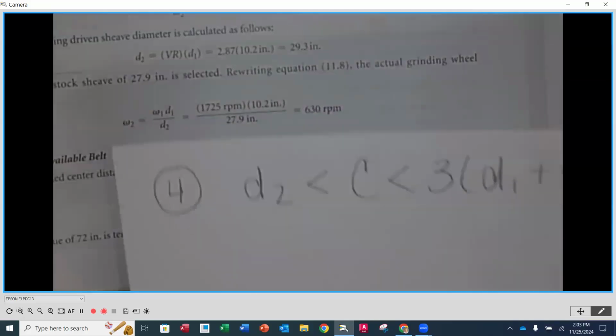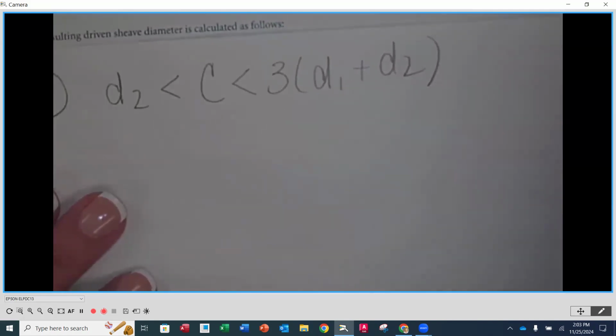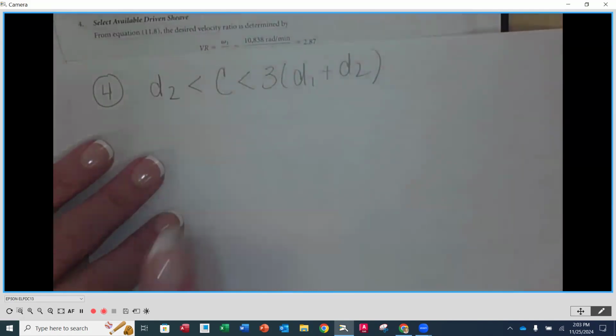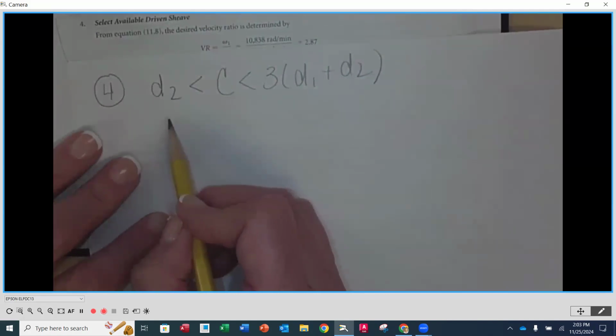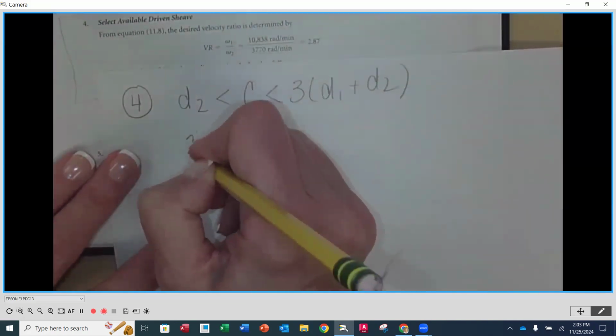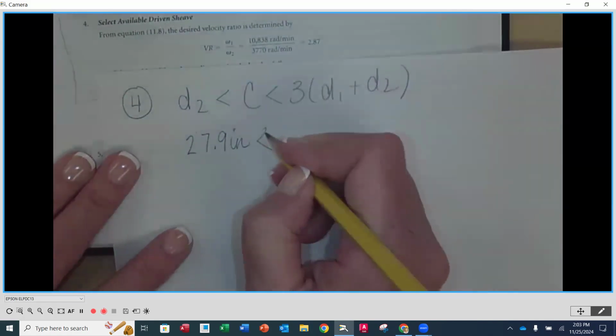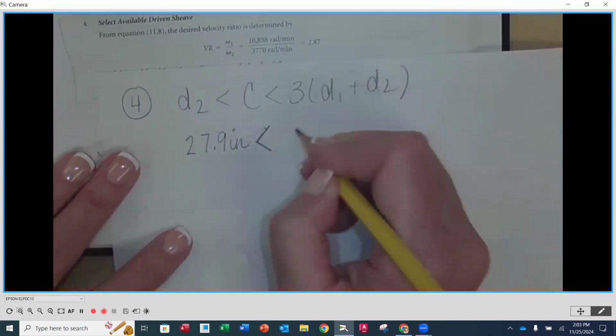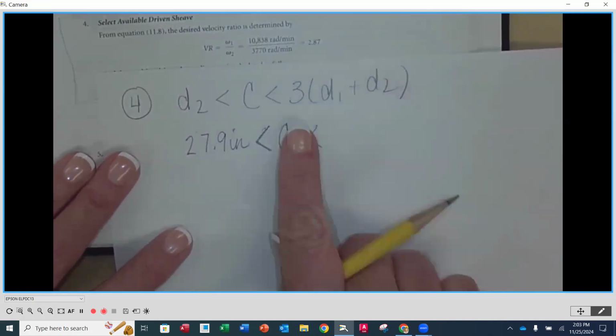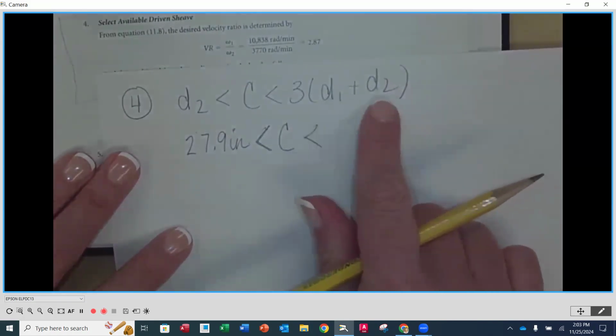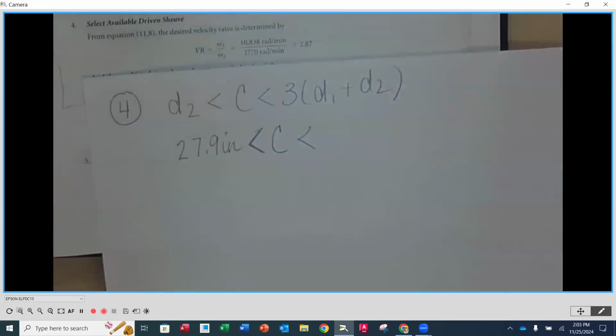Okay. So basically we have this. And now we just want to put our values in. So we know here our D2 that we just specified was the 27.9. So that means that our center distance needs to be greater than 27.9. And then it has to be less than adding the 2 diameters together and multiplying by 3.